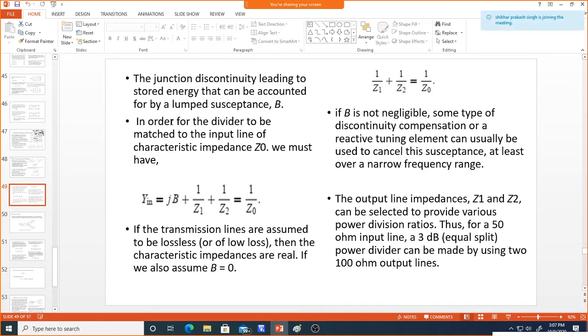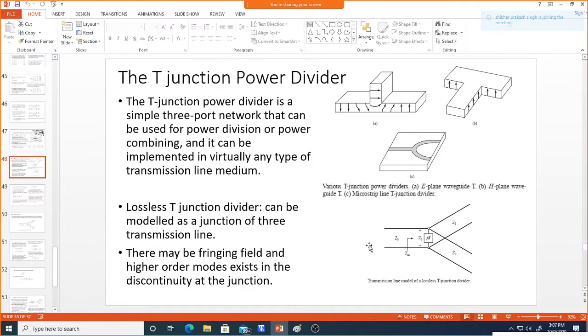Now if you look at the input side of this port and want to write the admittance of this network, it is given by 1 over Z1 plus 1 over Z2.